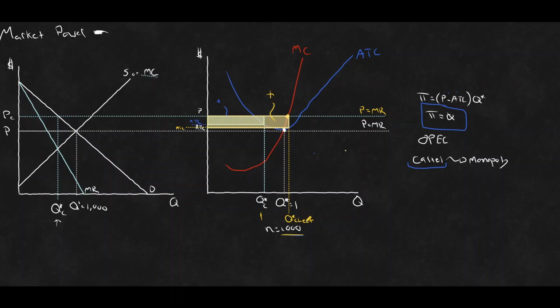Okay, here's the rub. If only one out of these 1,000 firms does it, no one ever knows. Because each of these firms is so small, producing only one out of those 1,000, if the one firm goes to Q star cheat, the impact on the quantity in the market would be so tiny that we'd still be at price cartel.